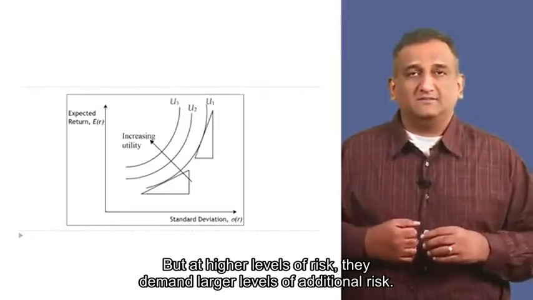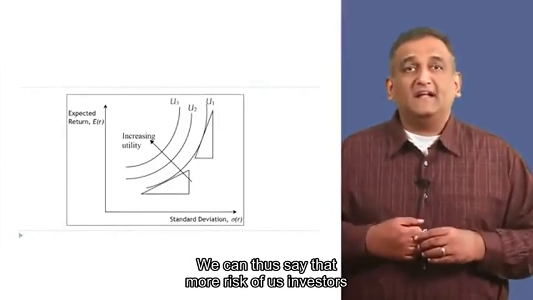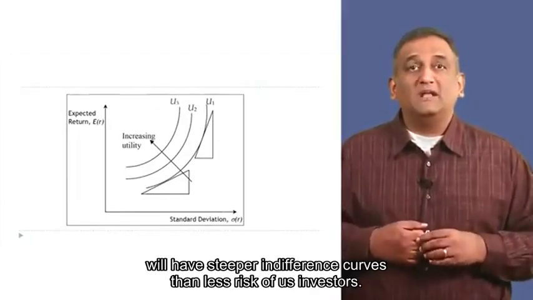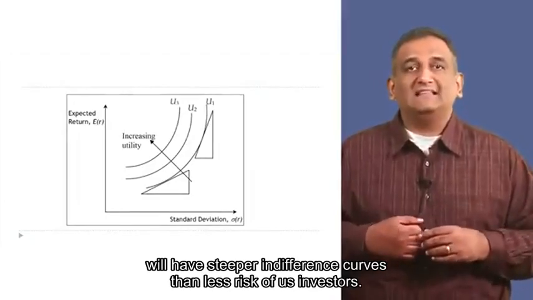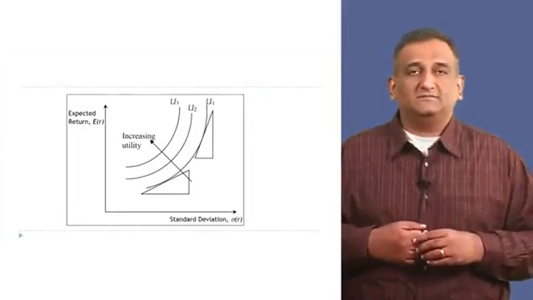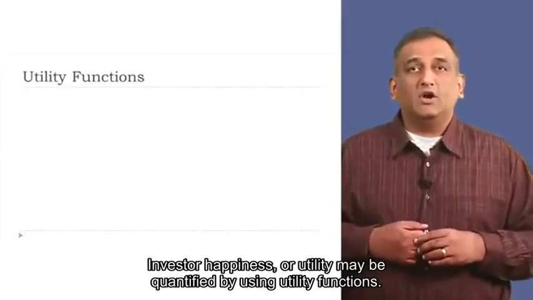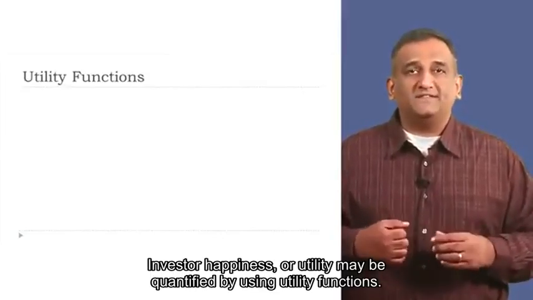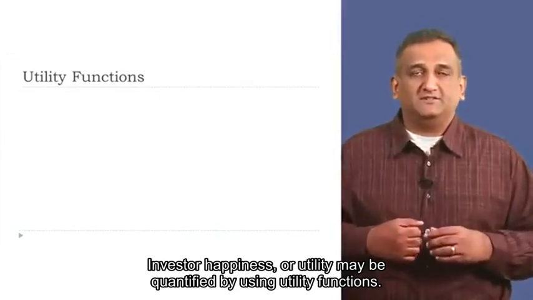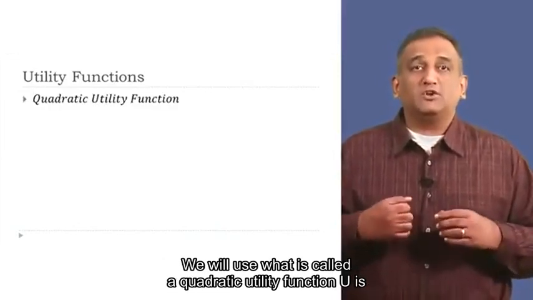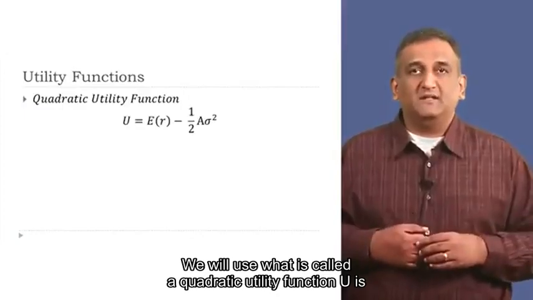With this investment, there is a 60% chance of a 50% return and a 40% chance of a negative 20% return. So its expected return is 0.6 times 50% plus 0.4 times negative 20%, which equals 22%.